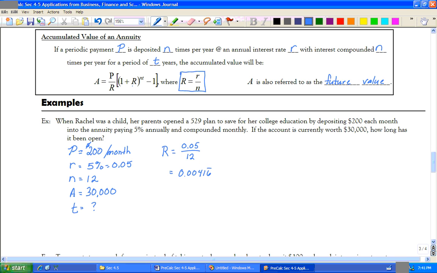We'll place that inside our equation. So we have 30,000 is equal to our periodic payments, a deposit over our ratio.